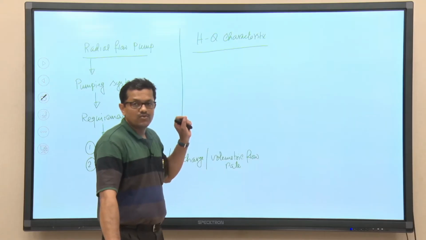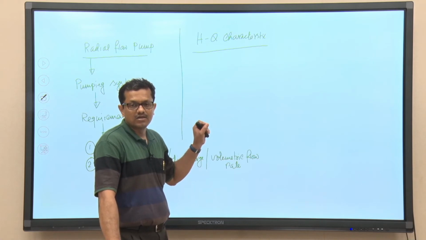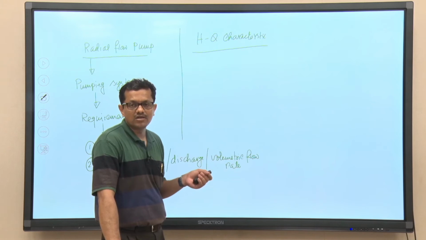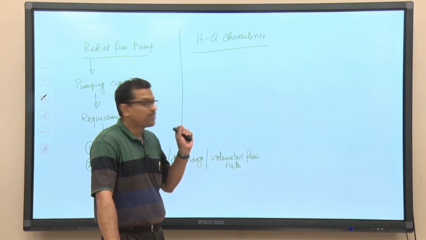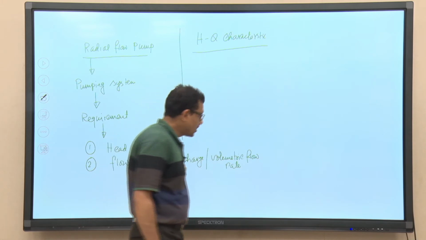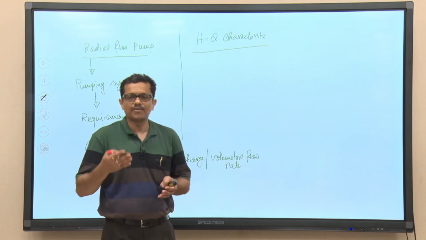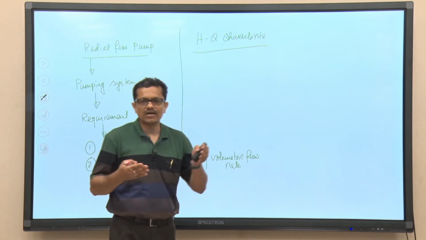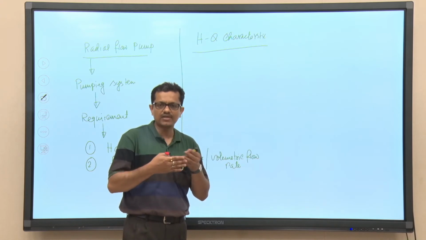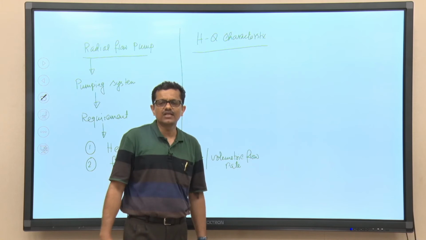So, we have understood that the pump designer, no matter whether it is demanded by the pump supplier or not, should supply this H-Q characteristic curve. How? To obtain the H-Q characteristic curve, a pump designer is designing a pump. We have seen blade angle, flow angle, so many things, diameter at the inlet, diameter at the outlet, impeller width, so many things are there.